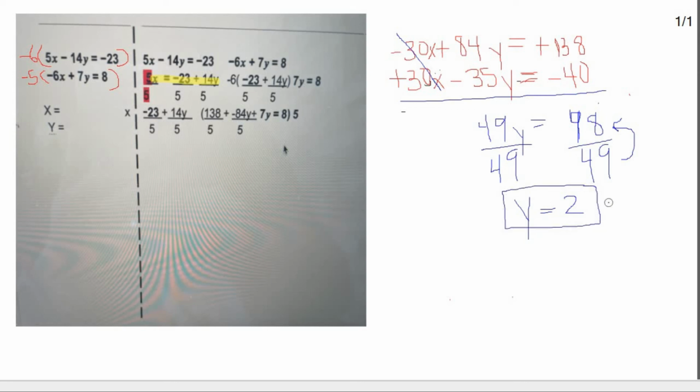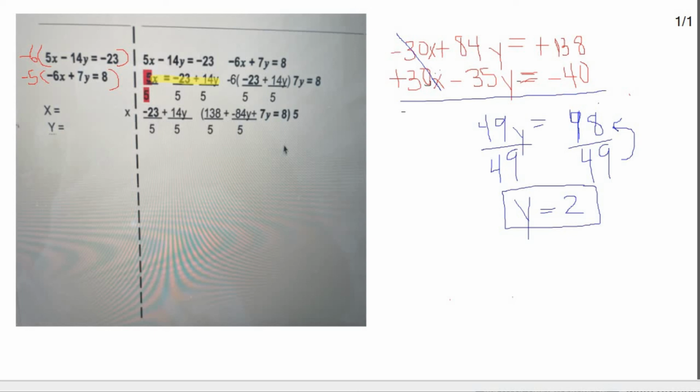Okay? So now in order to find our x value, we have to take this 2 and insert it into one of our original equations. Okay? And so let's do that. When you take this 2, you can choose either one of these original equations to solve for x. It doesn't matter. I would choose the one with the smaller numbers, okay?